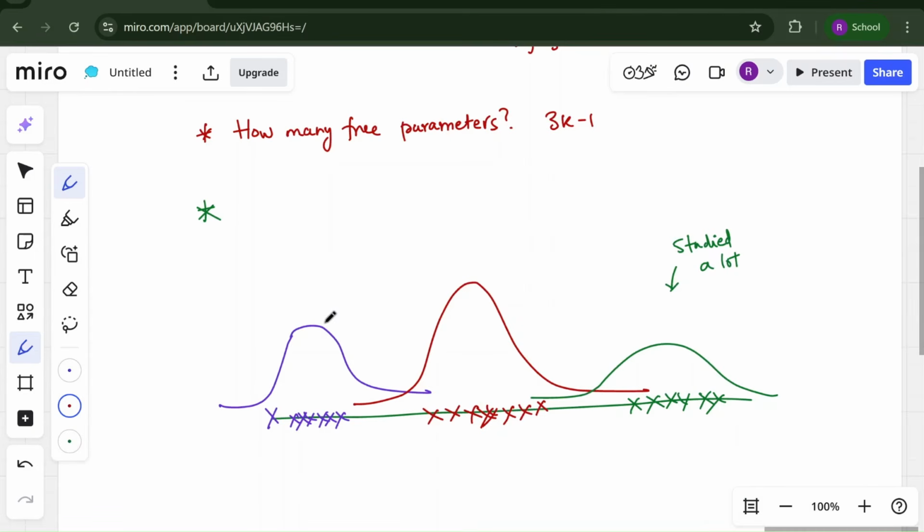There will also be students who did not study a lot, but they simply solved some PYQs. And then there will be another class of students who only studied last night. So there are three classes of students. That is why you might obtain three different clusters in tomorrow's quiz.